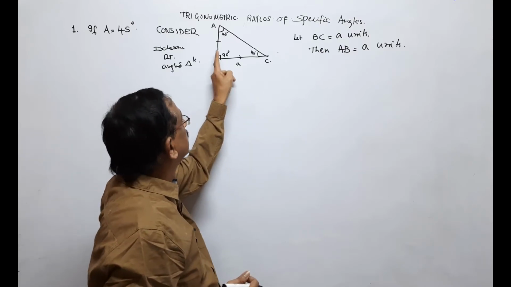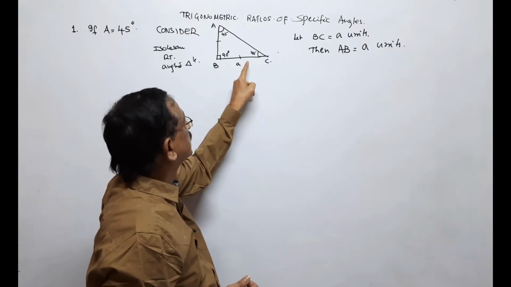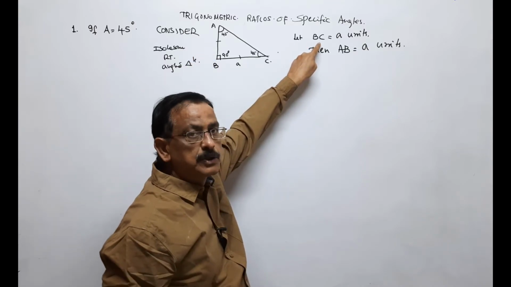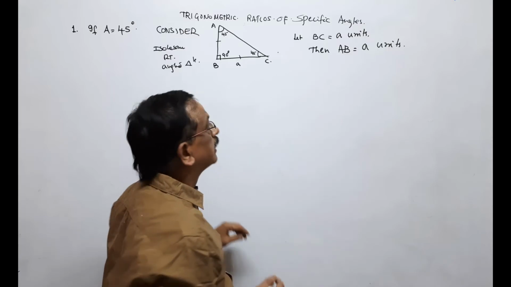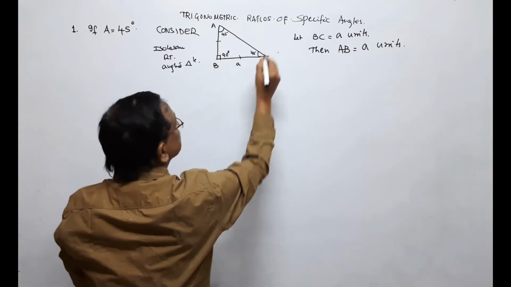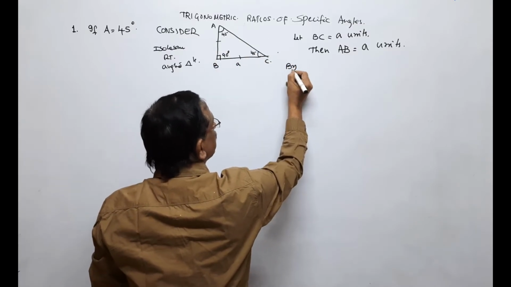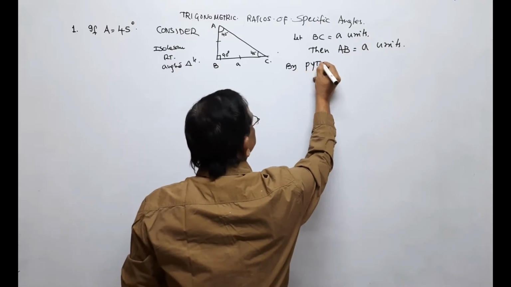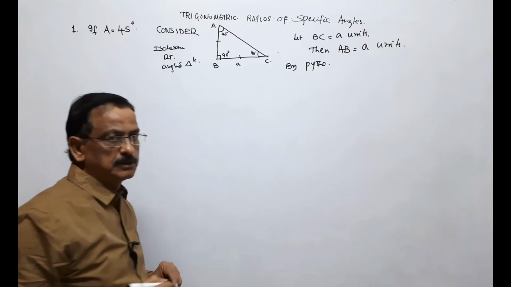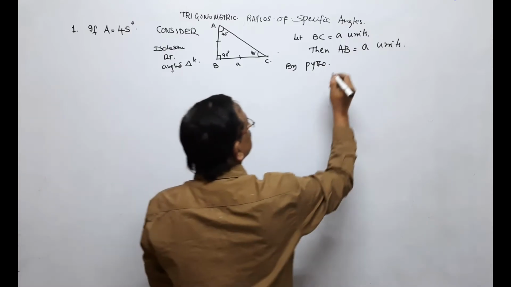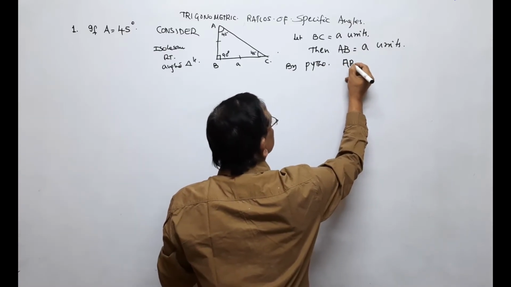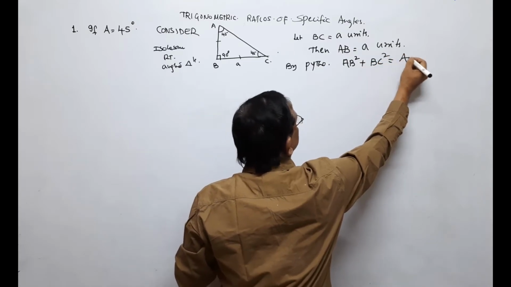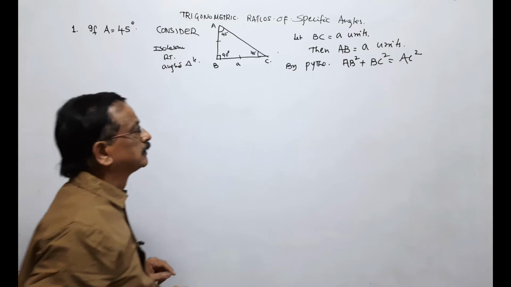And this is a right-angled triangle, so by the Pythagorean theorem, AB square plus BC square is equal to AC square.